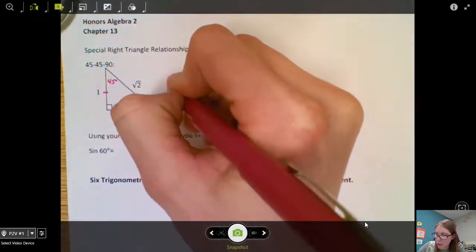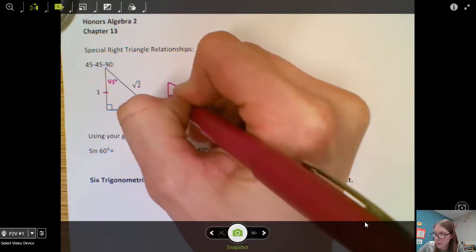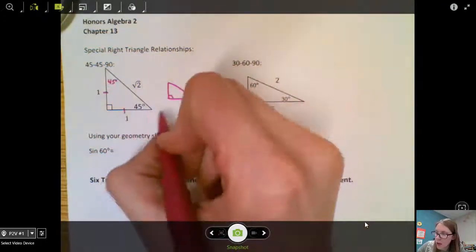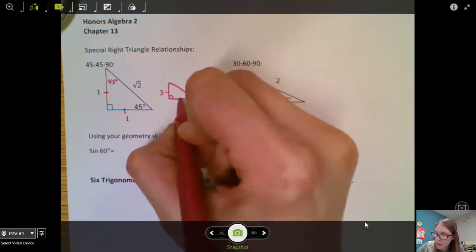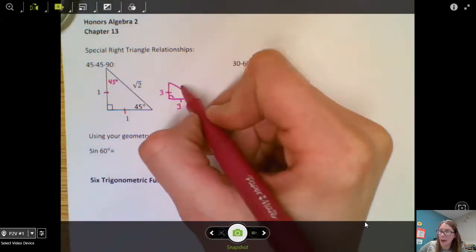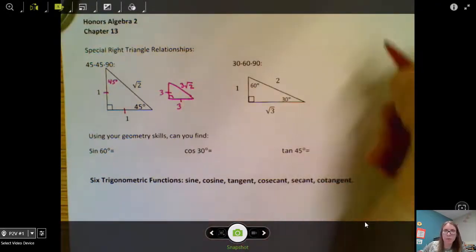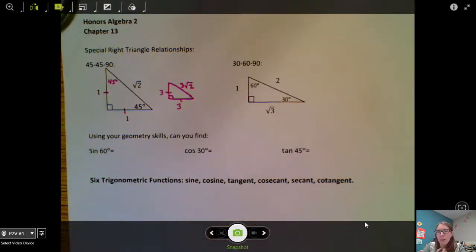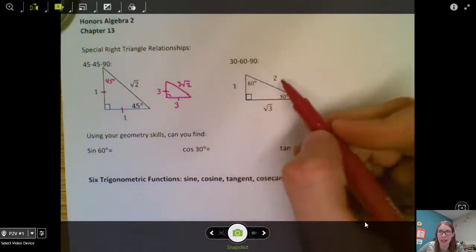So for another example, if you had a 45-45-90 triangle where these legs were 3 units each, that hypotenuse would be 3 times the square root of 2.